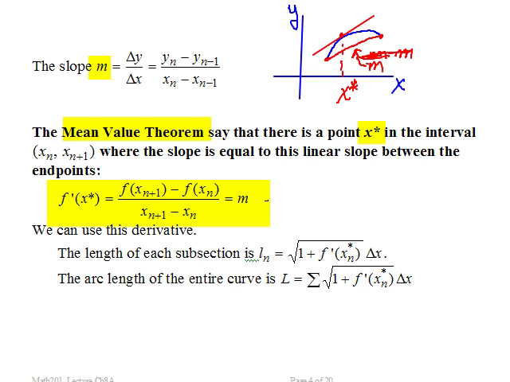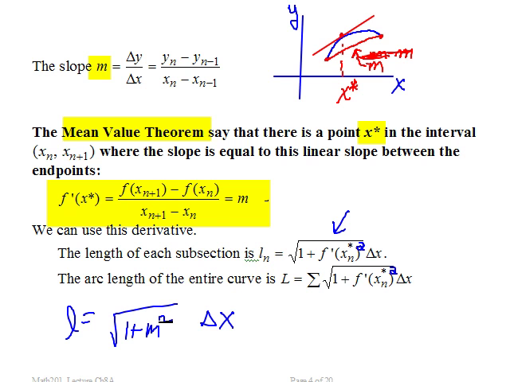Previously the length was the square root of 1 plus m squared, times delta x, and now we can write it as the square root of 1 plus f prime at x star, squared, times delta x. Then the length of the whole curve is just adding up all those little lengths.